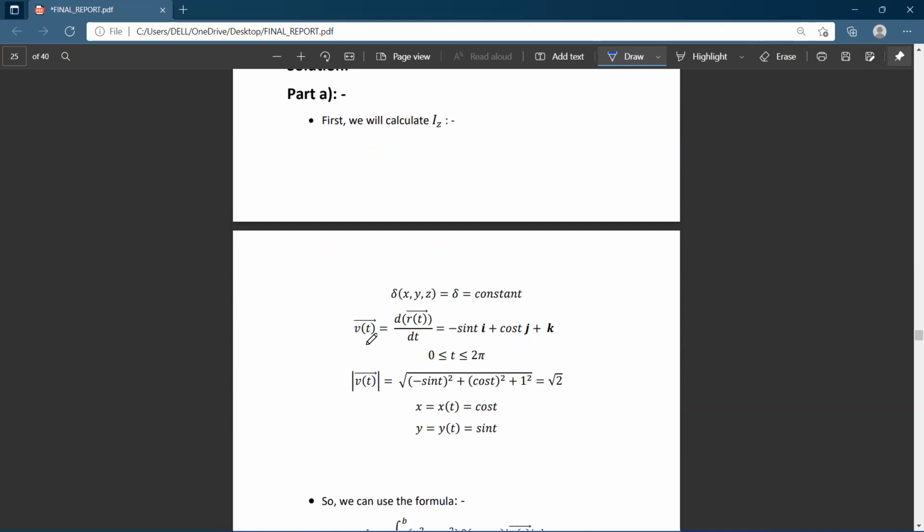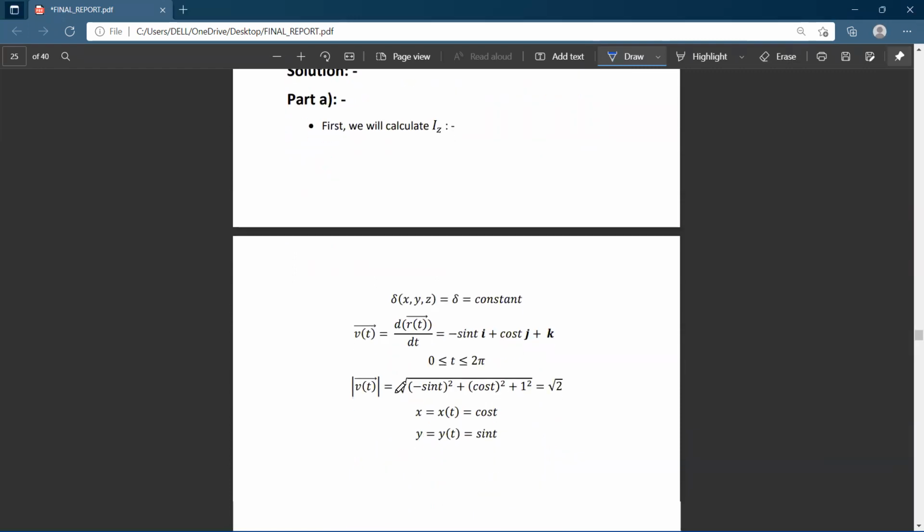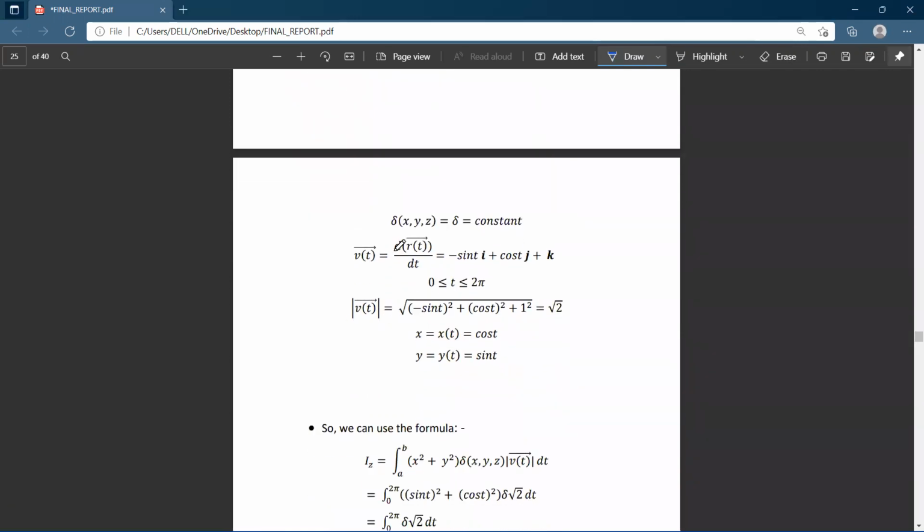We first find the velocity vector v for the given vector r by differentiating it, and the range is already given. Now we find the modulus of vector v, which becomes root 2.